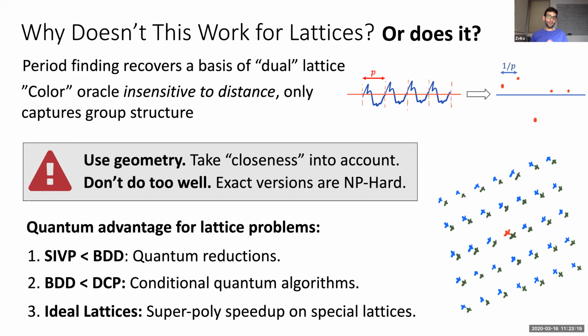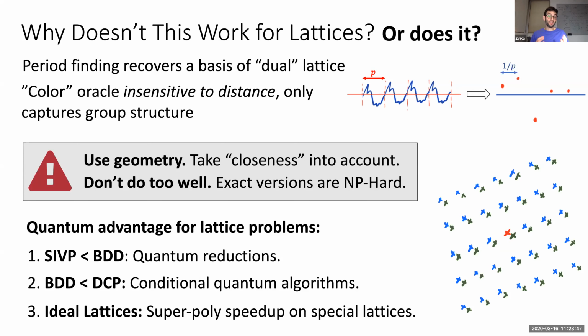The second example, which I'm not sure I'm going to get to talk about in detail, you can again think about as a type of reduction. This is a way to use non-trivial quantum algorithms for a problem known as the Dihedral Coset problem. This is a problem that is defined on a quantum input, and for which there exists a non-trivial quantum algorithm.